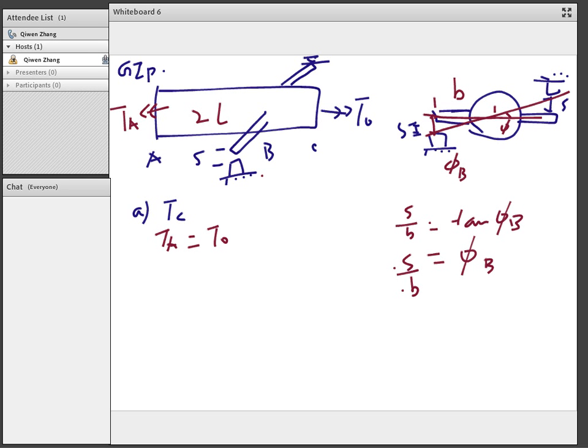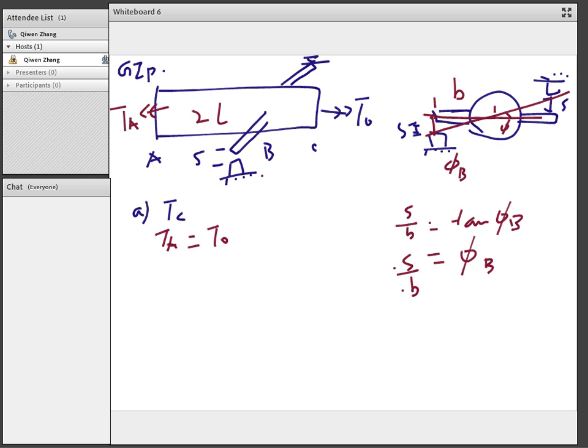So this is TA, this is TAB. So we know that TAB is equal to TA, and also TAB times the distance 2L over GIP is equal to S over B, which is phi B, right?